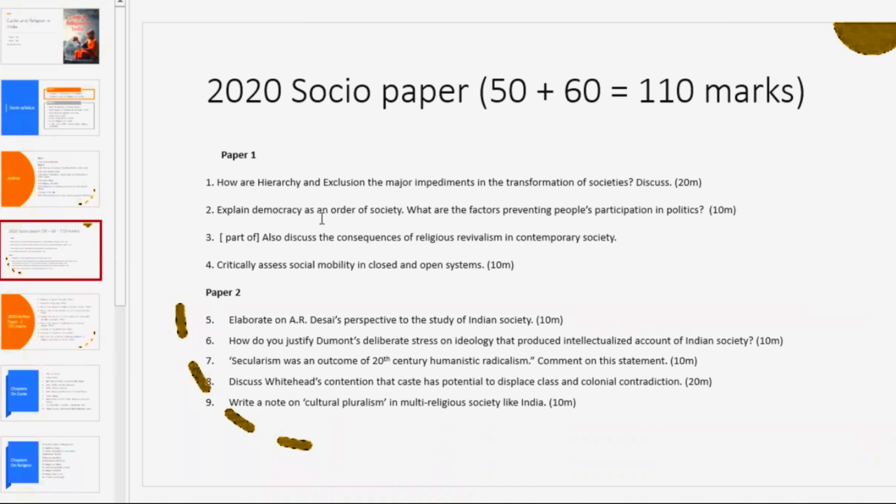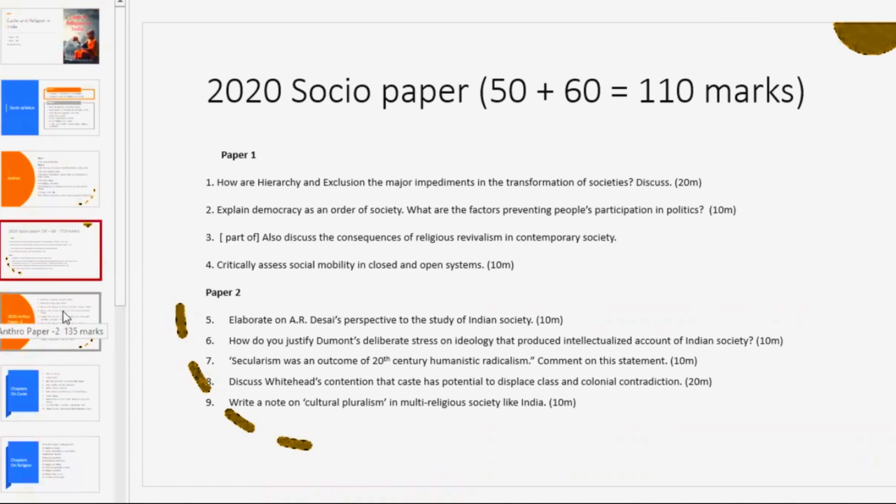Hierarchy and exclusion, democracy as an order of society, consequences of religious revivalism, social mobility, A.R. Desai, Dumont, secularism, caste has potential to displace, cultural pluralism. So this book is useful in answering 110 marks from the socio paper of 2020.